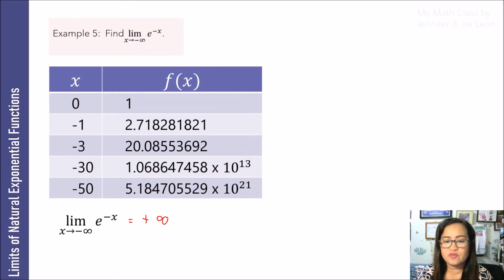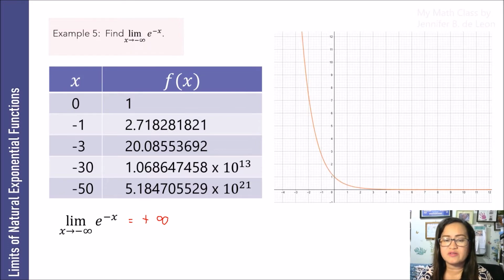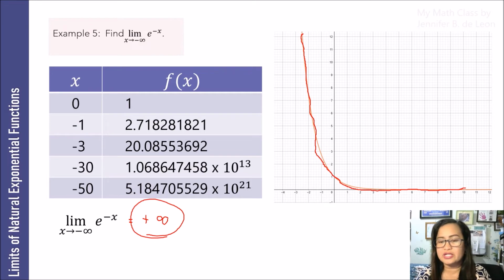Now let's confirm using the graph of e raised to negative x. As the value of x approaches negative infinity, or in other words, as the value of x decreases without bound, the value of f of x increases without bound. That confirms our answer that it's really equal to positive infinity.